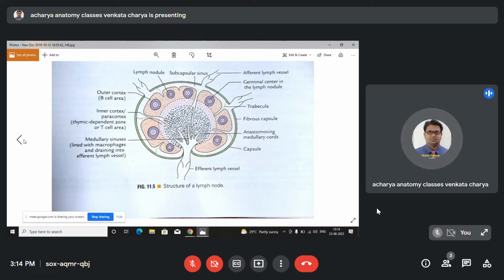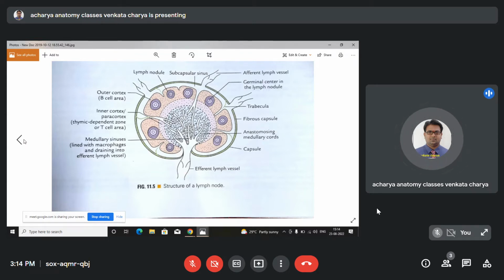In the germinal center there is 25% nucleus and 75% cytoplasm. In the center we get 50% nucleus and 50% cytoplasm. At the most peripheral aspect of the lymph nodule we get 75% nucleus and 25% cytoplasm, which means it is fully matured lymphocytes. Are you getting?